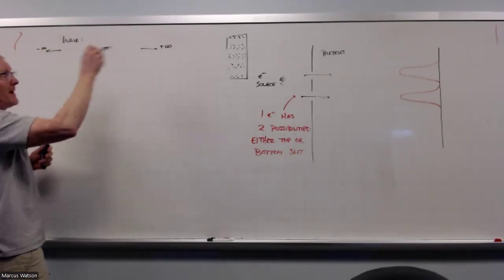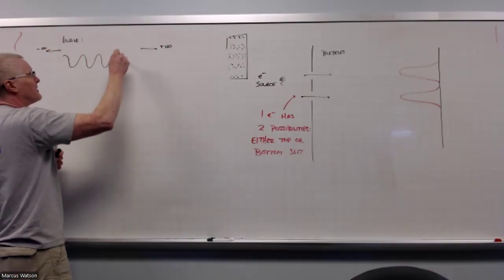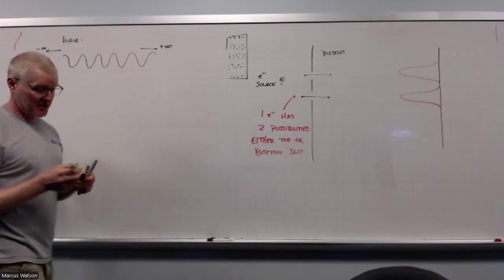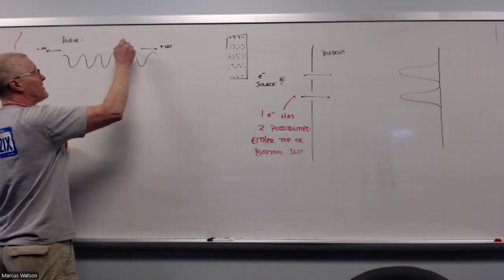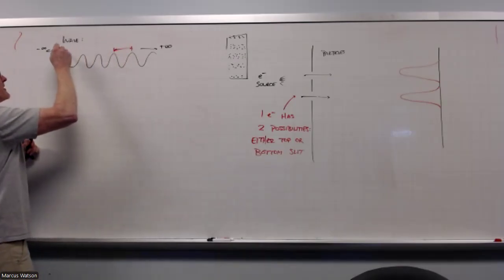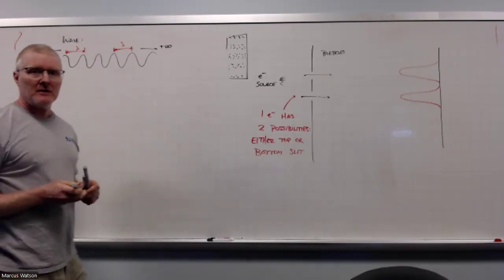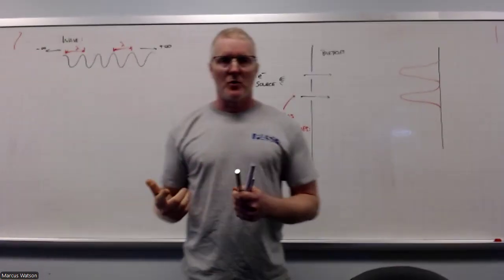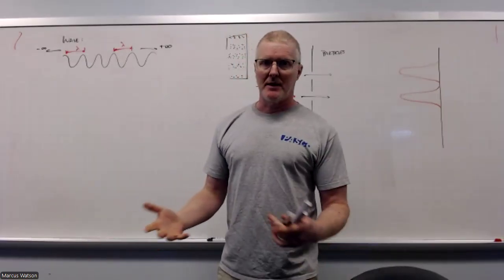It goes all the way out, and it's perfectly periodic every single time like this, so that no matter where I measured between what two peaks, between this one or between this one, I would get the same wavelength.